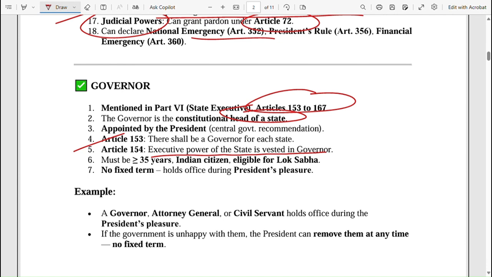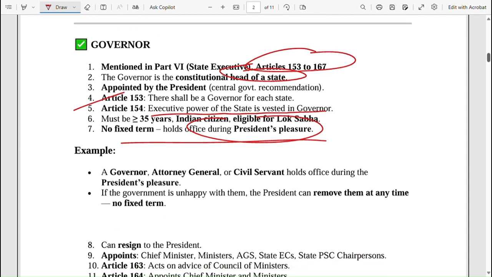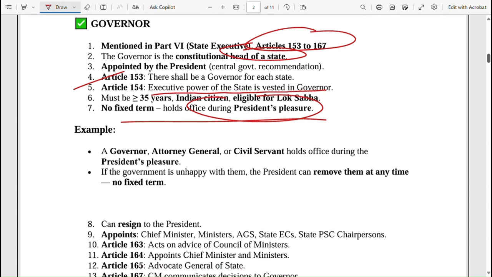And what is the age criterion for the governor? It is similar to the president, that is, 35 or greater, and also should be a citizen of India and eligible for Lok Sabha election, and no fixed term here. He holds office during the president's pleasure. What do you mean by this? It is nothing but if the president or the ruling government feels that the governor is not fit for the present scenario and not working according to the government's will, he can be removed by the president.